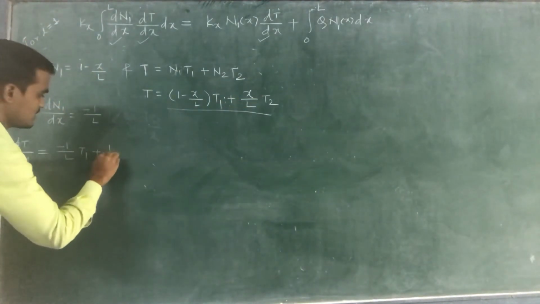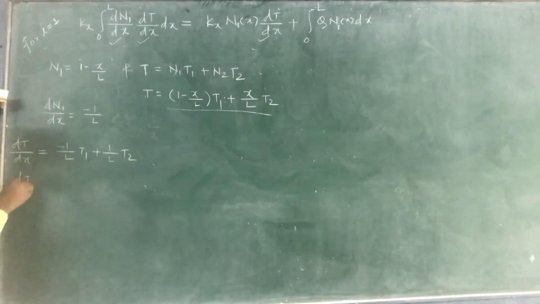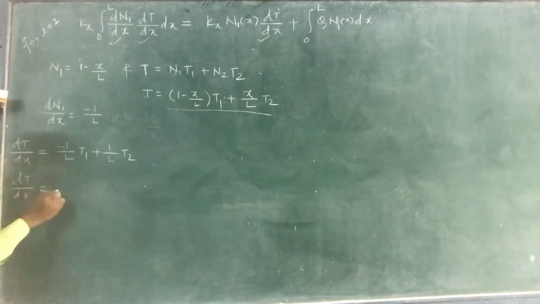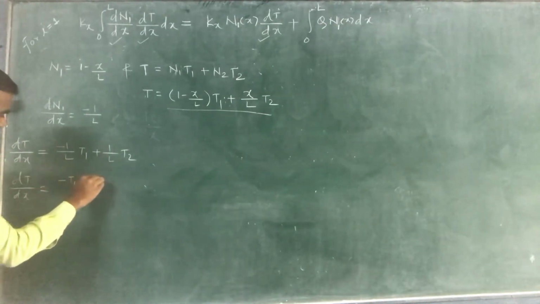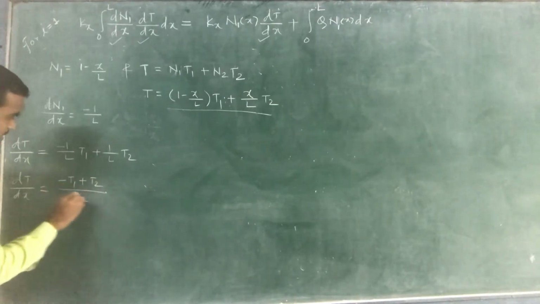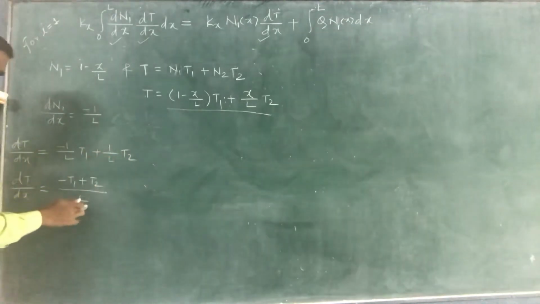So dT/dx equals minus T1 plus T2, divided by L, because L is common.